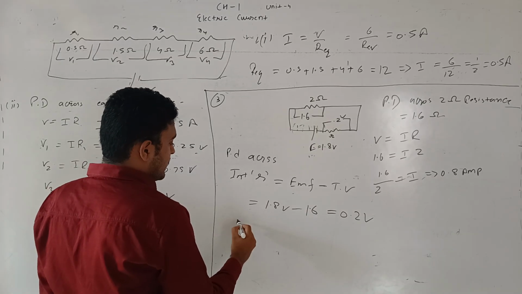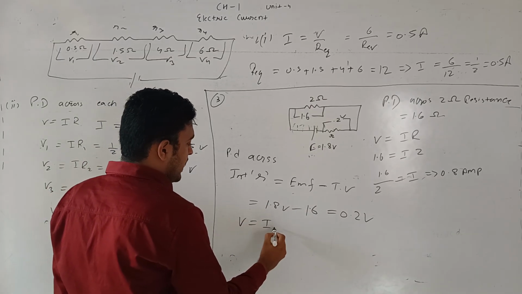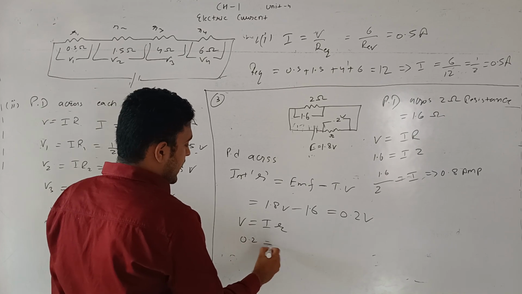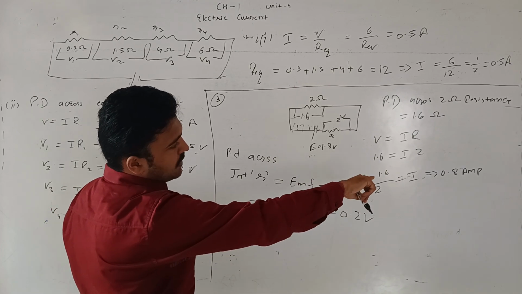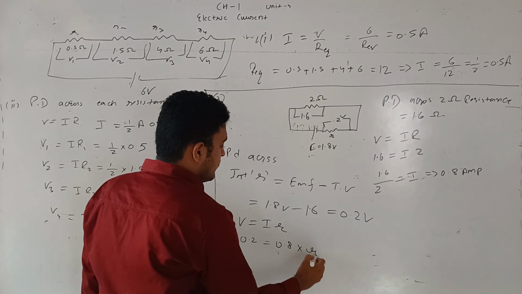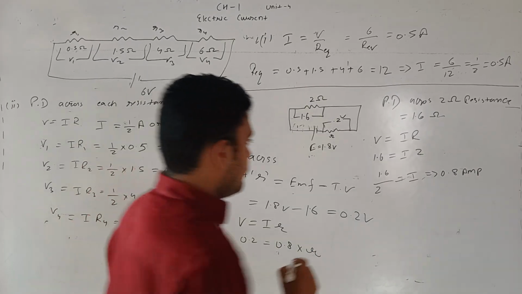Therefore, across the internal resistance again we have V equal to I into R. V is 0.2, I we found in the first part, I is equal to 0.8, and R is the internal resistance.